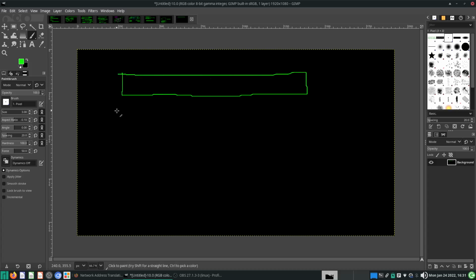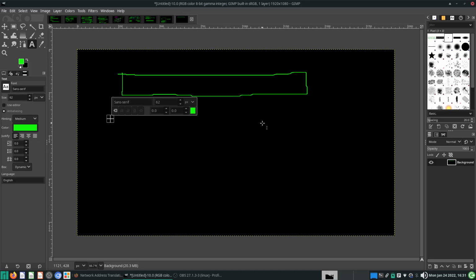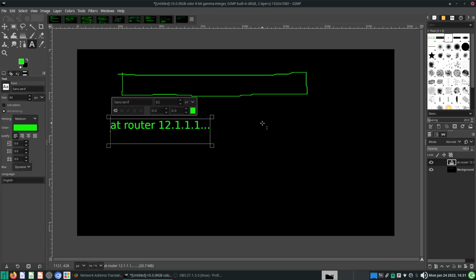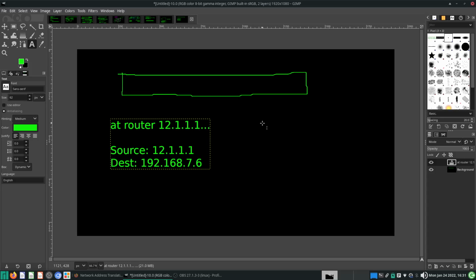So at router 12.1.2.1, the source will become 12.1.1.1. The destination becomes 192.168.7.6. Okay, this is the eventuality.